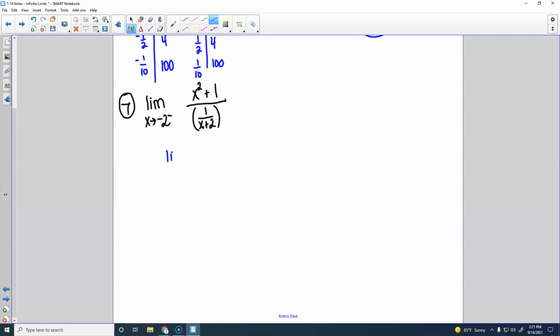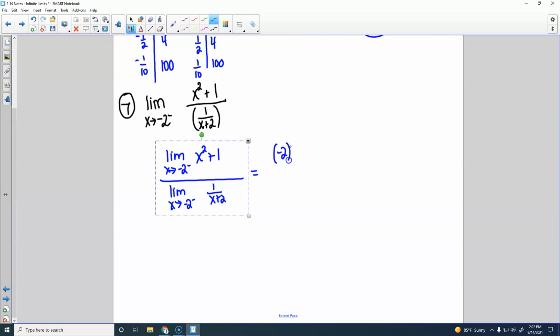In the numerator, we can do the limit as x approaches -2 from the left of x squared plus 1, and then do the limit separately in the bottom. In the top, we could just plug the number in: -2 squared plus 1 gives us 4 plus 1, which is 5.